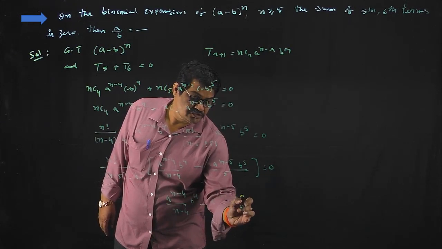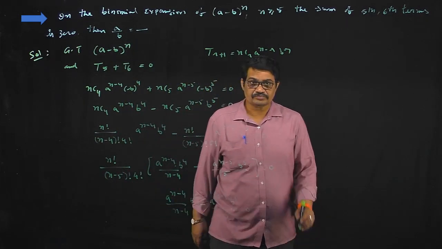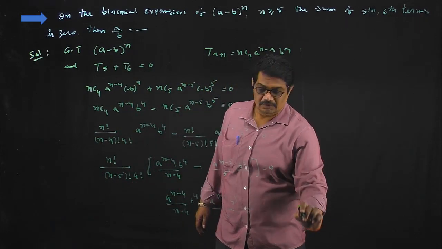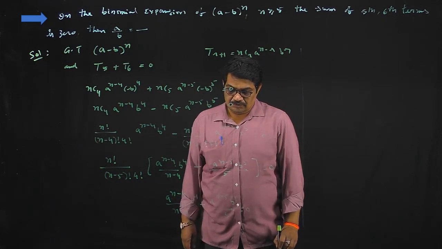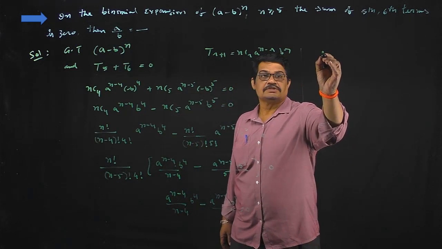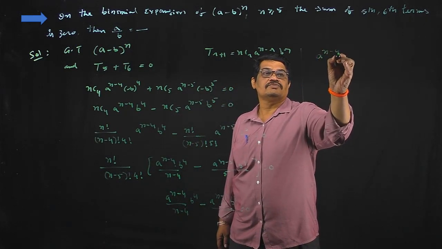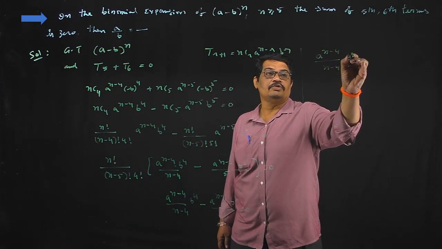This is 0. So from that we write a to the power of n minus 4 by (n minus 4) into b to the power of 4.